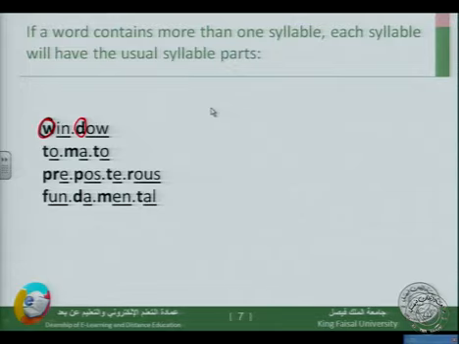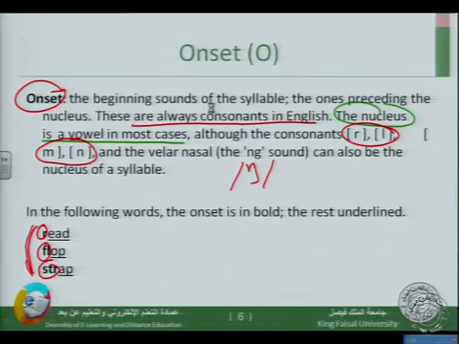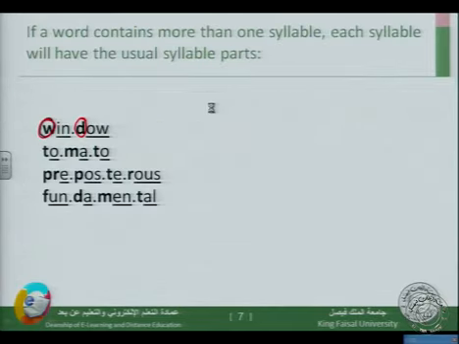So what we understood in the previous example is that some words have only one syllable: read, flop, strap. Here we have a word consisting of two syllables: when, do. How many syllables? Two. How many onsets? Two. Okay, tomato.